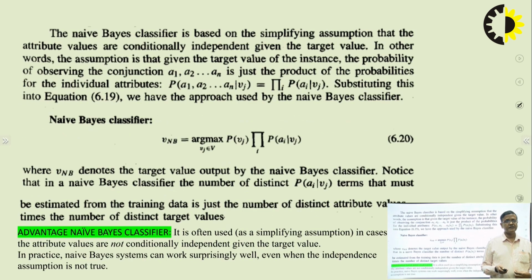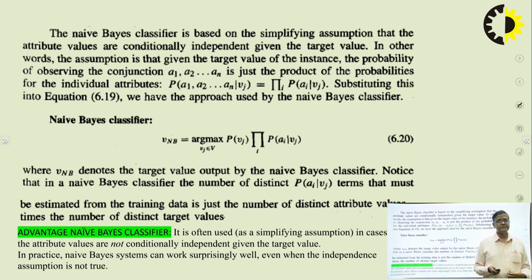So P of A1, A2, An given Vj reduces to the product of the individual attribute probabilities given the Vj value.